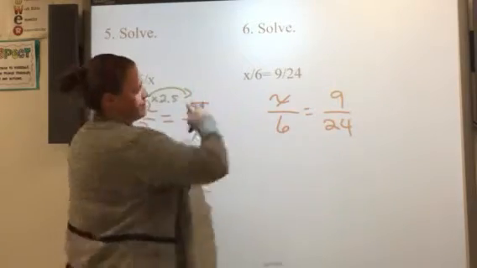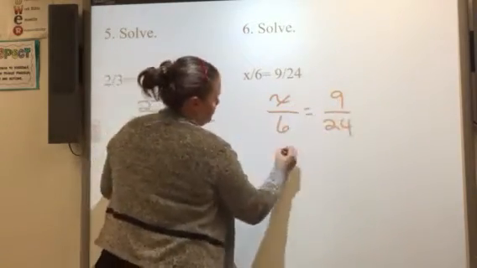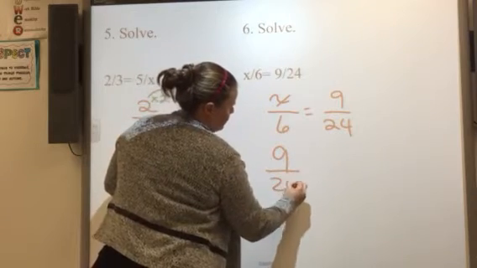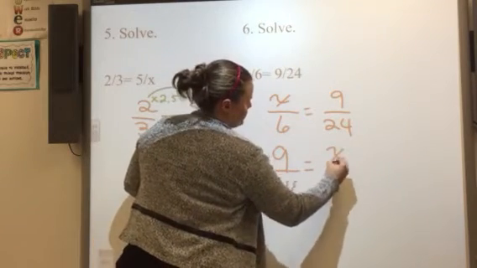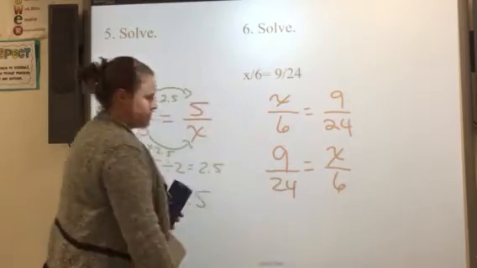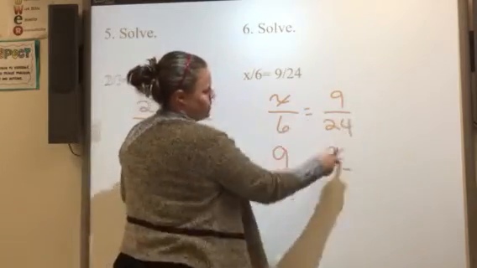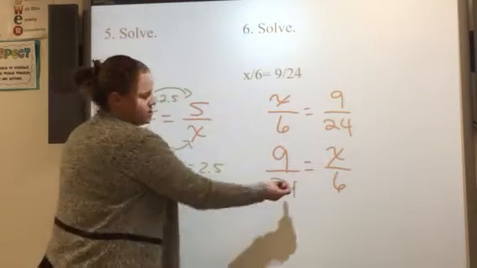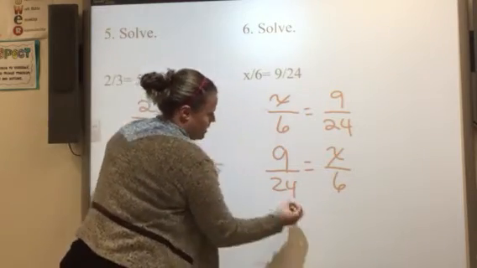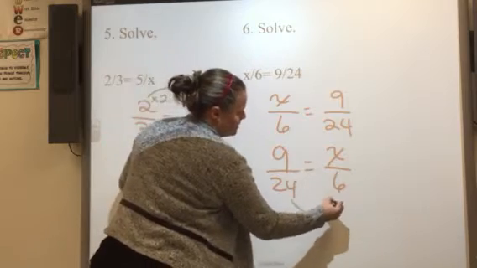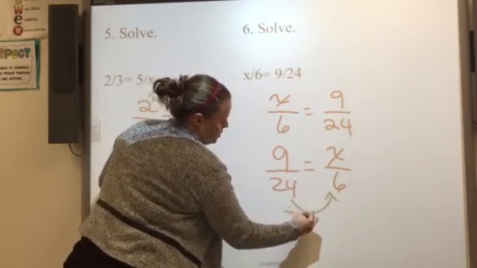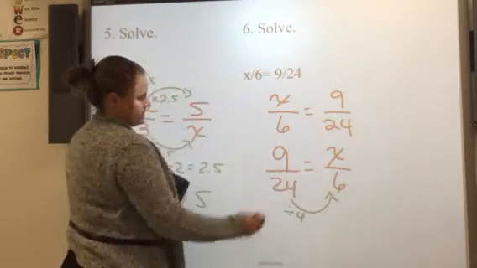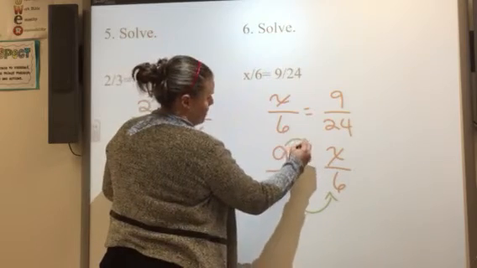So what I'm going to do is flip it around, and put 9/24 on this side and x over 6 on this side, just so I can move toward the variable. They're both the same thing, okay? So I know that 24 divided by 4 is going to equal 6. So I can do the same thing to the top.